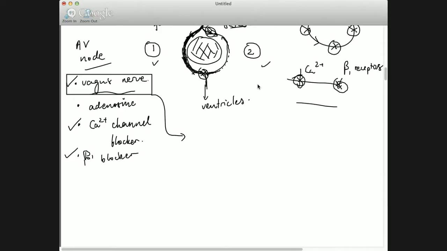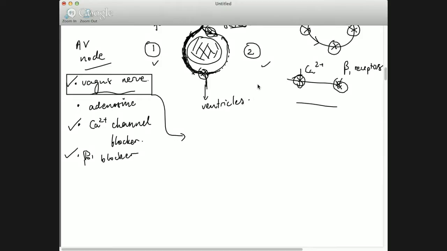The sudden increase in blood pressure is detected by your baroreceptors, the receptors on your aortic arch and carotid sinus. When you have a sudden increase in blood pressure detected by the stretch receptors in your aortic arch and your carotid sinus, they basically modulate your baroreceptor reflex.